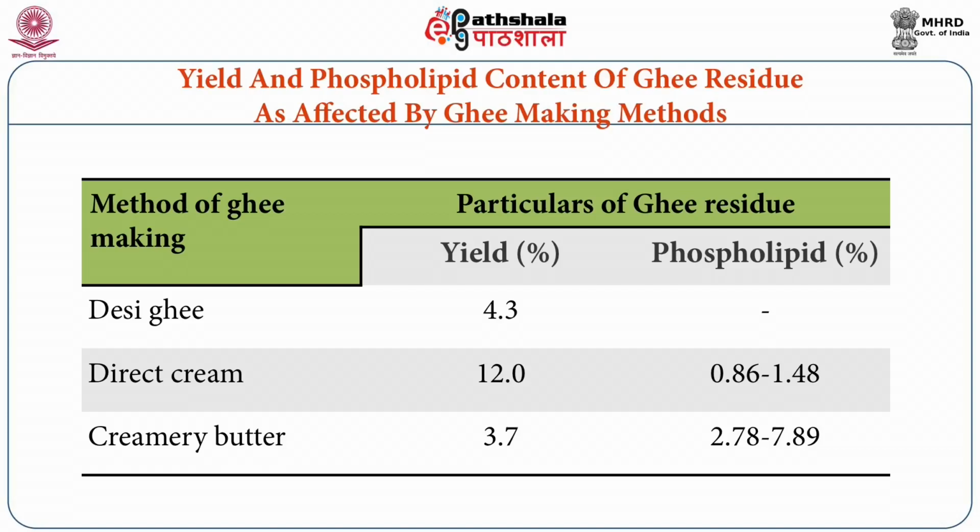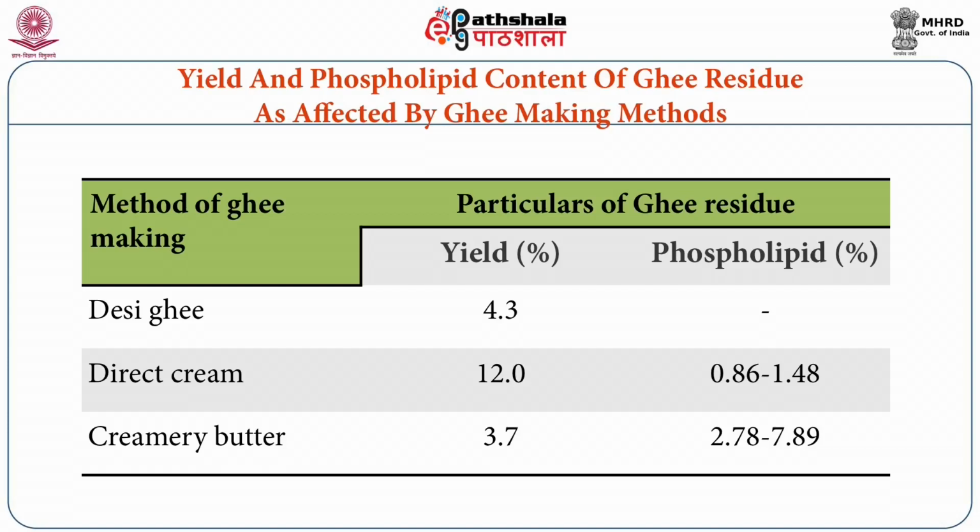Milk fat is prone to oxidation, especially during prolonged storage. Higher content of phospholipid in the ghee, be it natural or added externally, will help in preventing auto-oxidative deterioration, and automatically the shelf life of the ghee will be extended or enhanced.